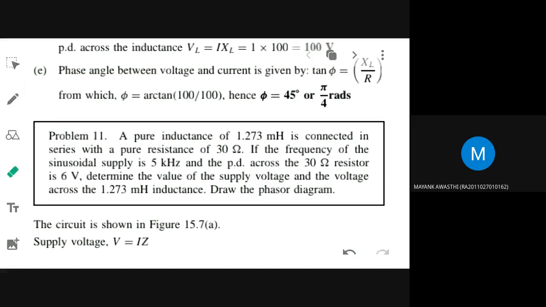Are you trying to solve? Take 7 minutes or something. First you have to write the given data and draw the circuit. Then you have to try to find and then proceed. What are the things that are given in the problem?